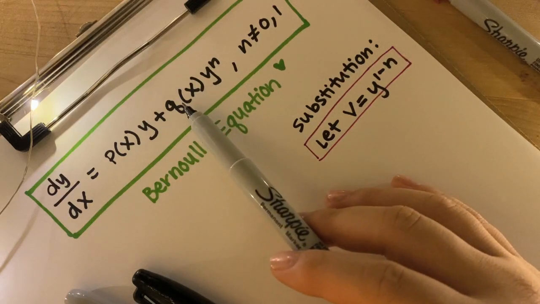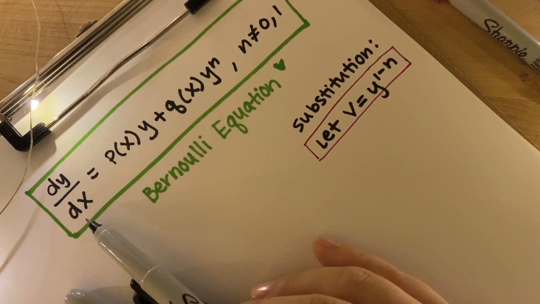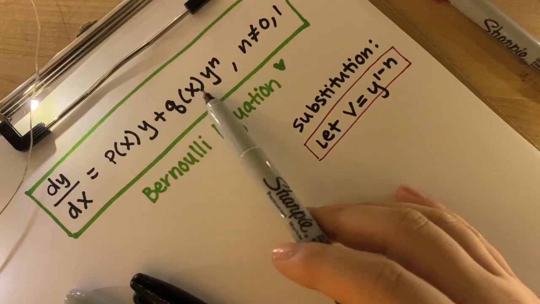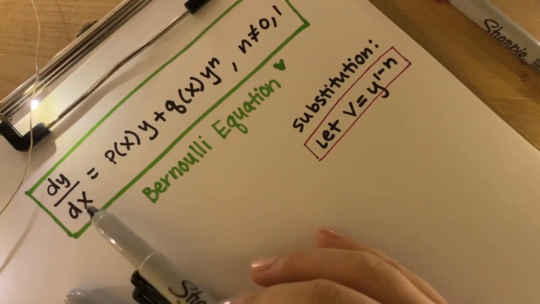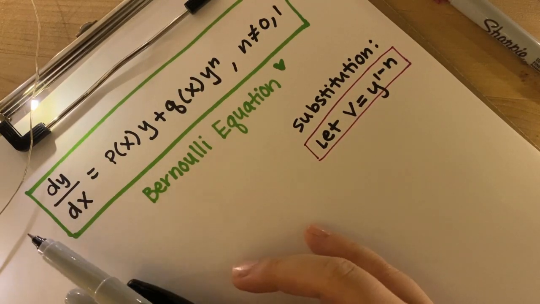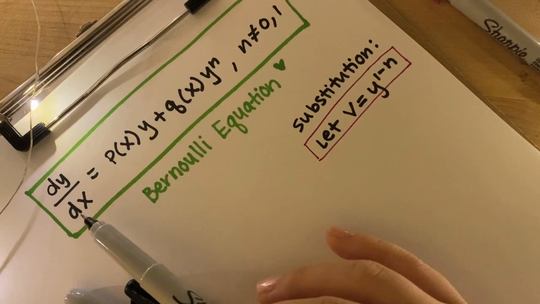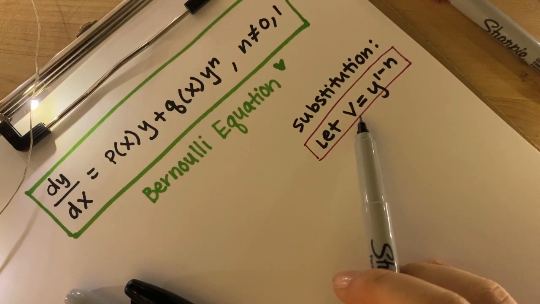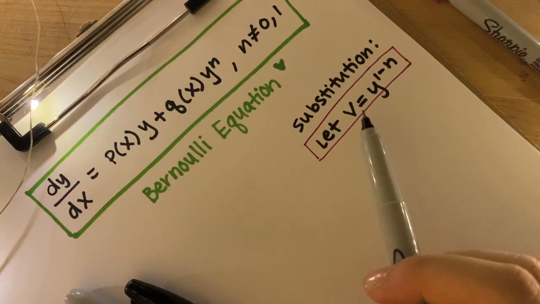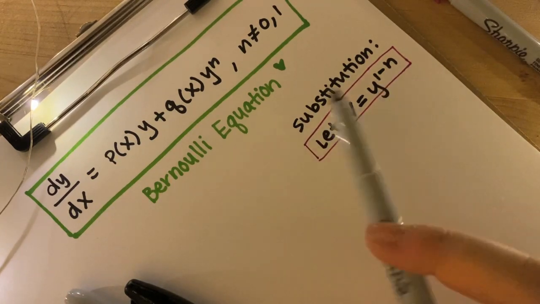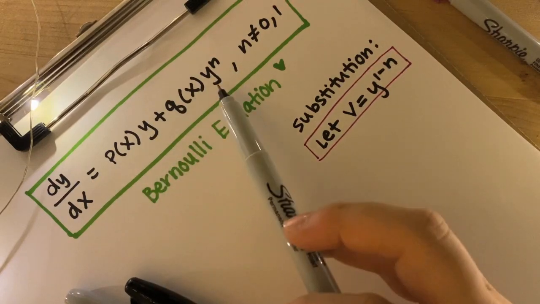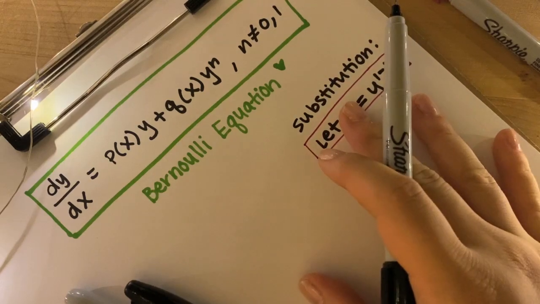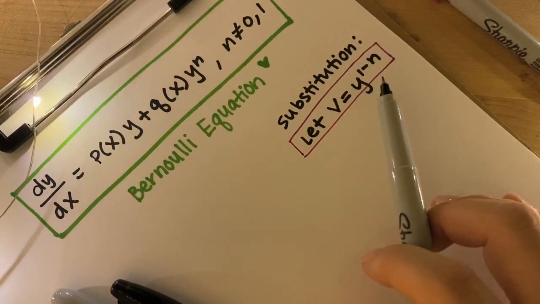So all we're really looking for now is that this thing has something to do with v prime. We have a v and we have a q of x, so we want something to do with v prime, and of course some kind of function of x here. That's what we're actually going to derive, but that's why setting v to equal y to the 1 minus n intuitively really just comes from dividing both sides by y to the n, and that's actually the first step that I would suggest memorizing rather than just the substitution.